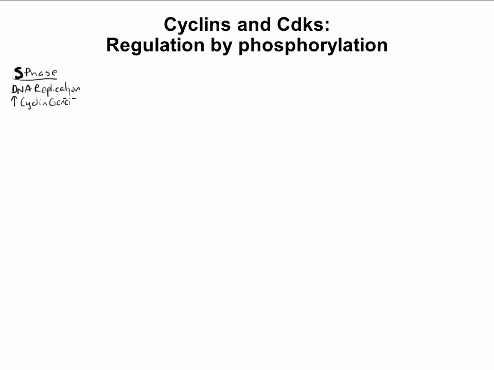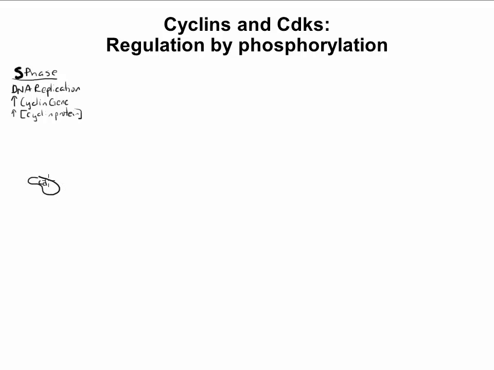So an increase in cyclin gene expression is going to lead to an increase in the concentration of cyclin protein. That makes sense, right? And so during S phase, as we saw in that previous graph, we start to see this dramatic rise in cyclin protein concentrations.